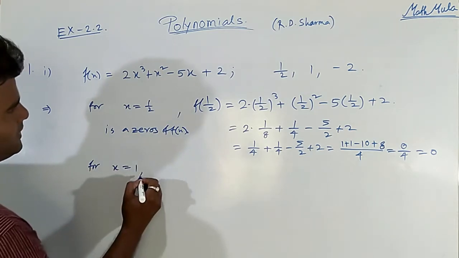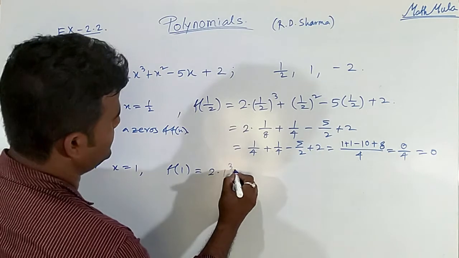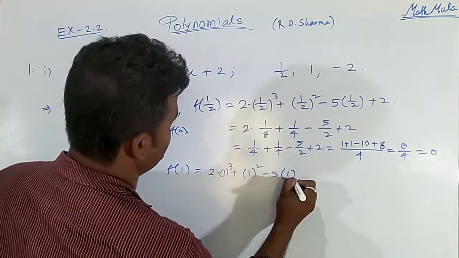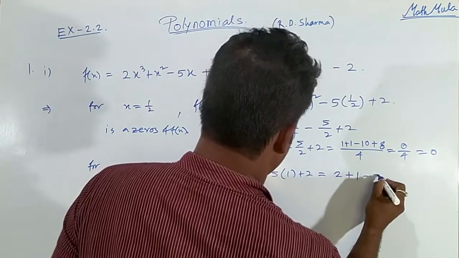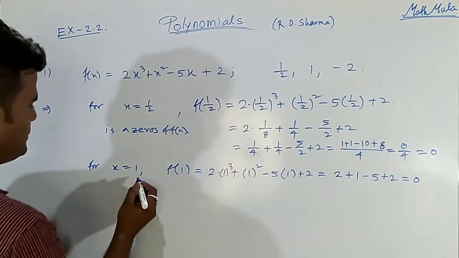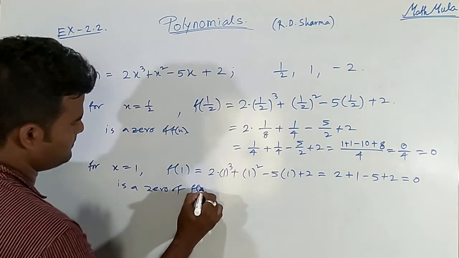Now for x = 1, f(1) = 2(1)³ + 1² − 5(1) + 2. You can write this as 2 + 1 − 5 + 2, which is also 0. So x = 1 is a zero of f(x). Okay.